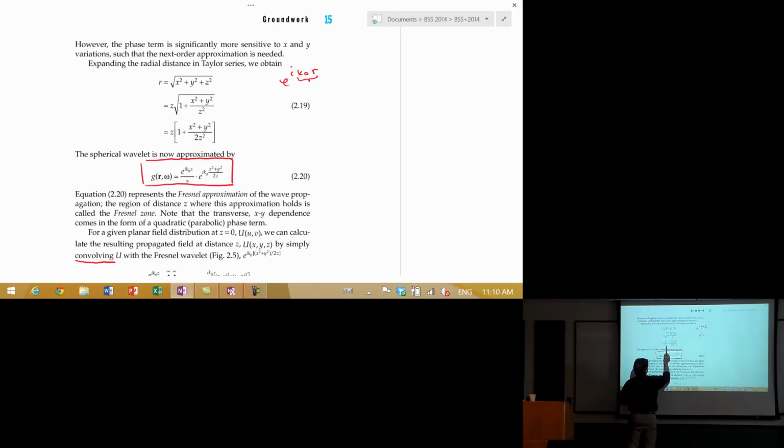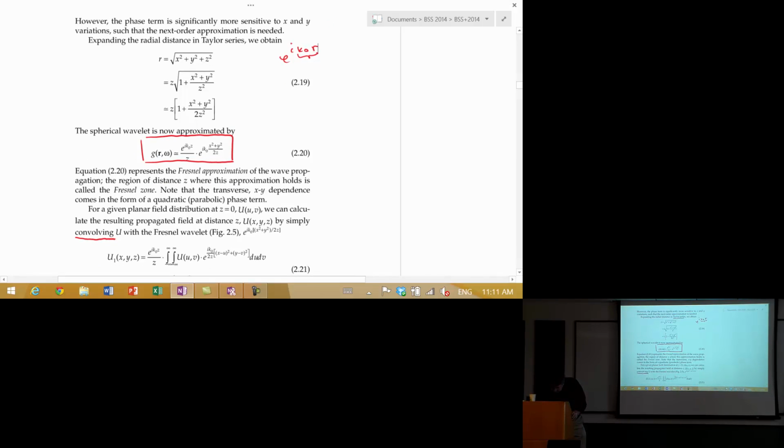So then I can factor z out, and I have z times the square root of 1 plus x squared plus y squared over z squared. And I'm applying a Taylor series. Square root of 1 plus x is about 1 plus x over 2. That's what this one is. Are you with me? Yeah? So this is just the Taylor expansion from here to here.